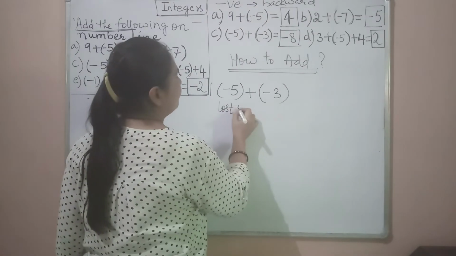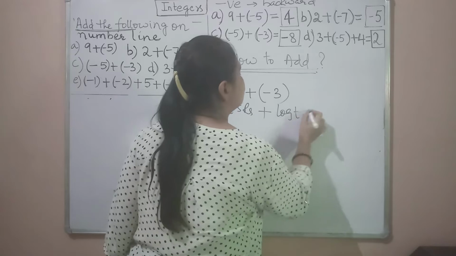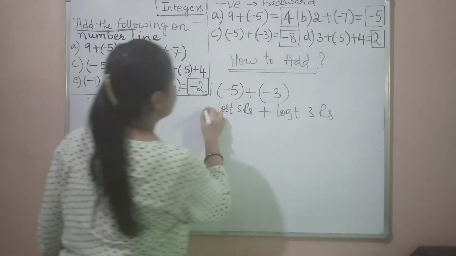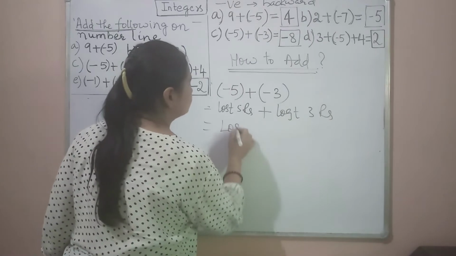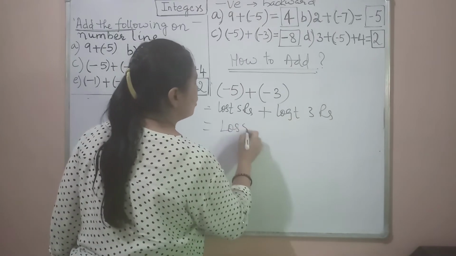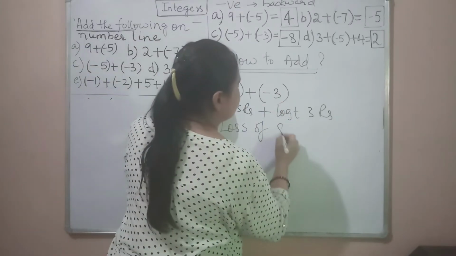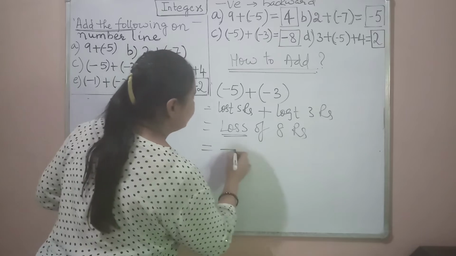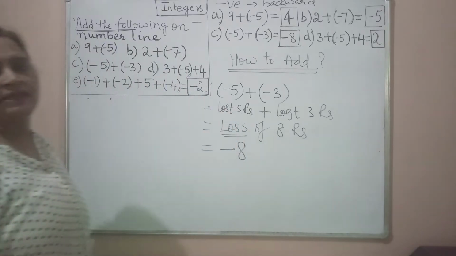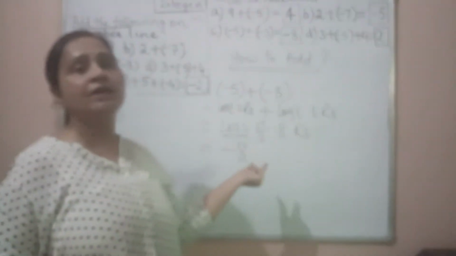On the other day again he lost 3 rupees. That means what is the total loss? The loss of 5 plus 3, that is 8 rupees. And a loss we write as minus 8. So he has not earned, minus means he had no earning.